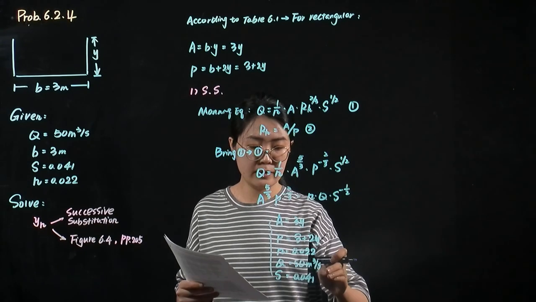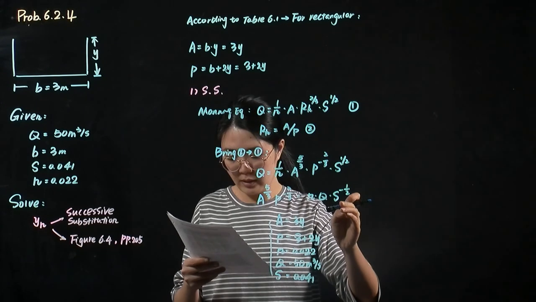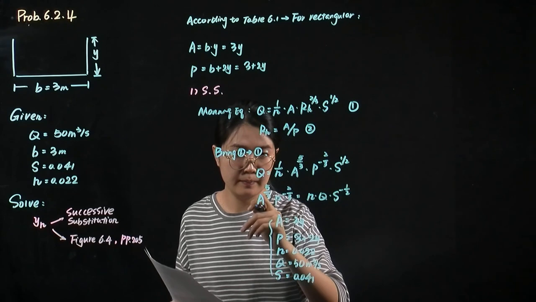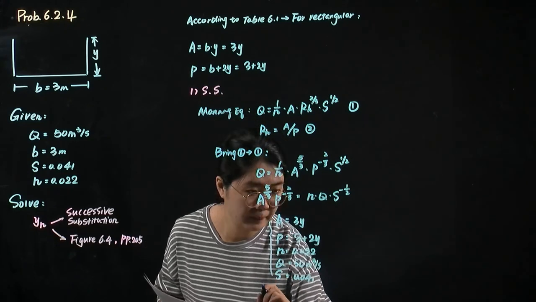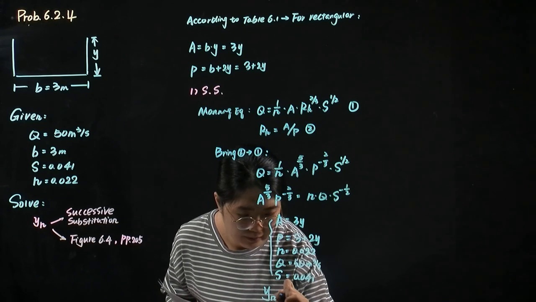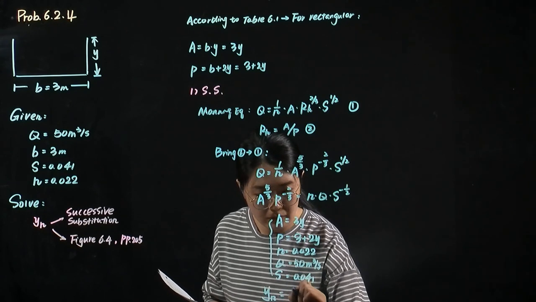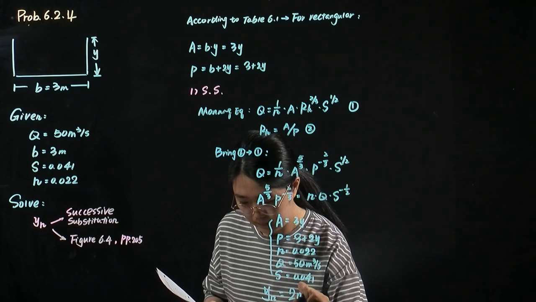So if we bring this equation and the values back into this one, we can solve for the normal depth. It equals 2 meters.